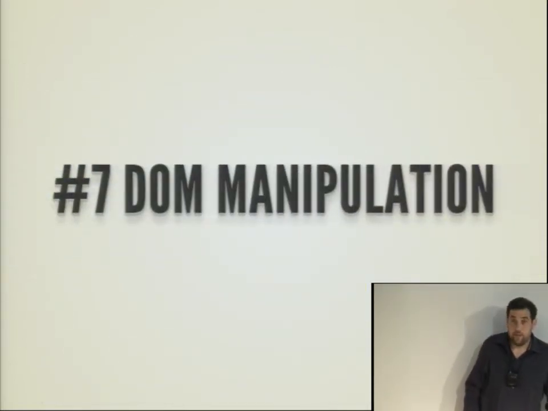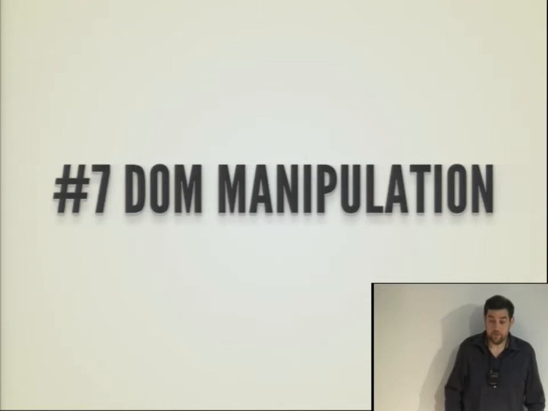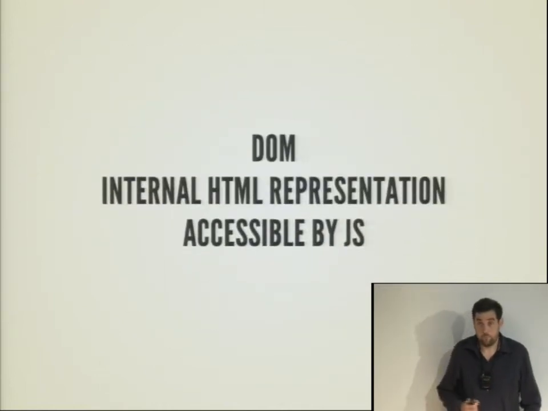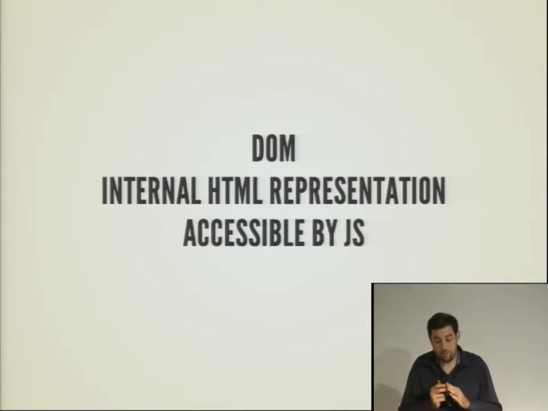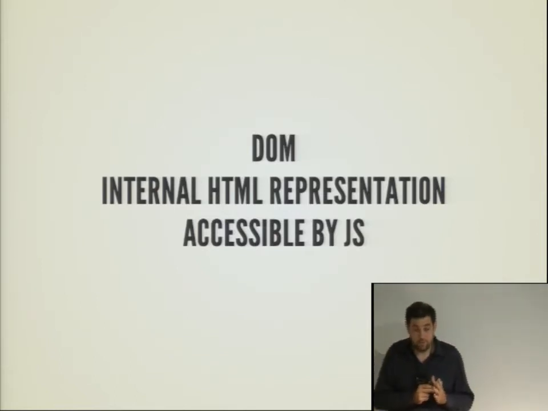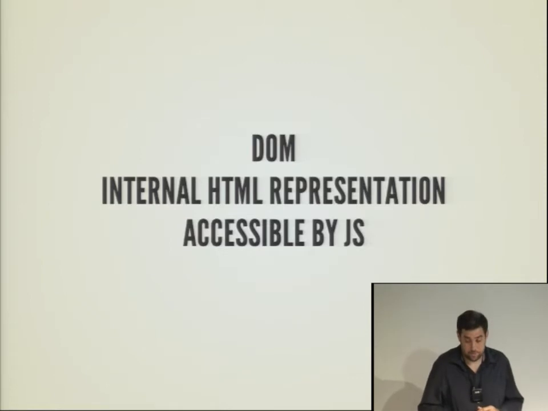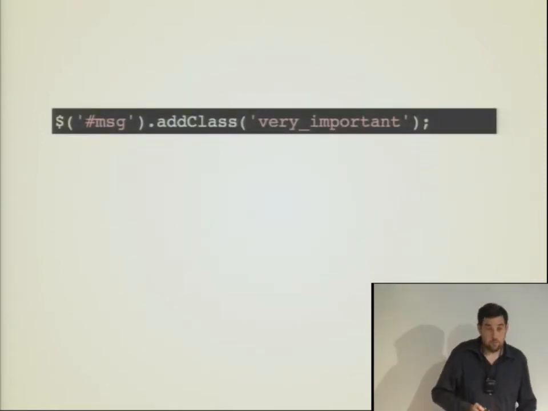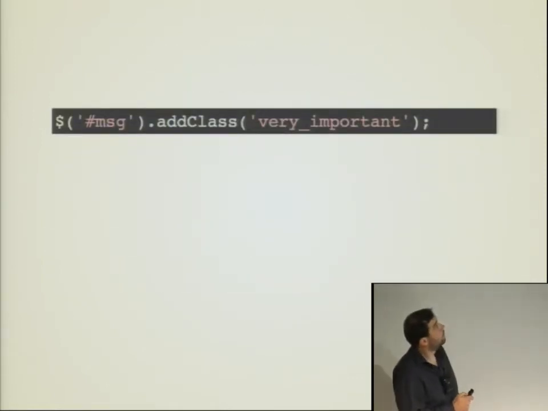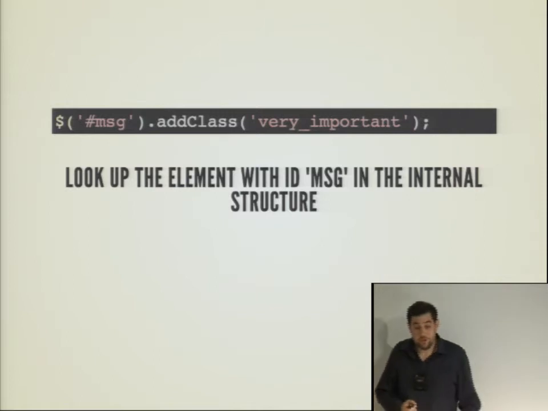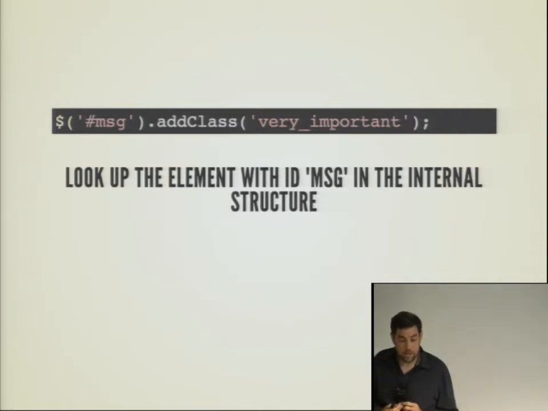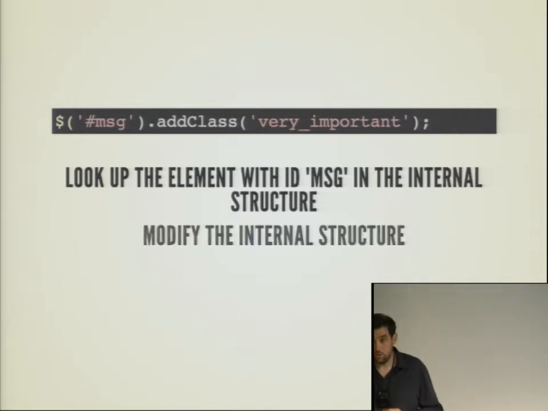All right, now DOM manipulation. First of all, DOM is the internal HTML representation in the browser, which is accessible by JavaScript. Now, if you do something like this, which we do every day, the browser has to look up the element with the ID msg in the internal structure.